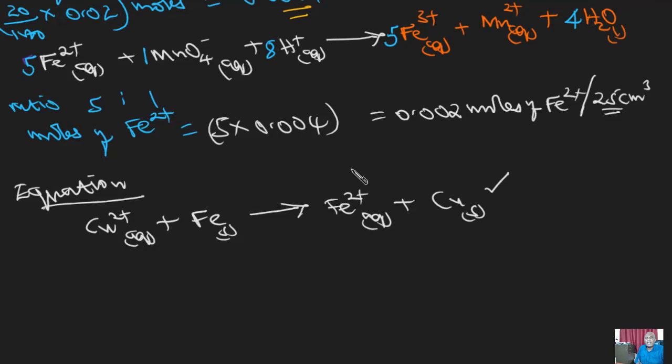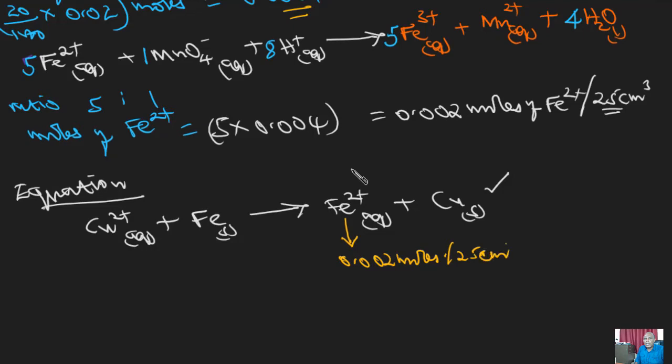Already we know the number of moles of iron 2 which have been produced, and these moles are 0.002 moles. But these moles, remember, are in 25 centimeters cubed, but our solution was 100 centimeters cubed.